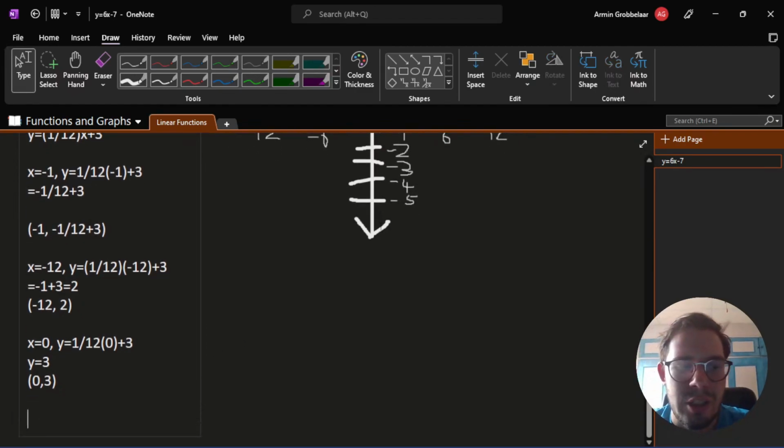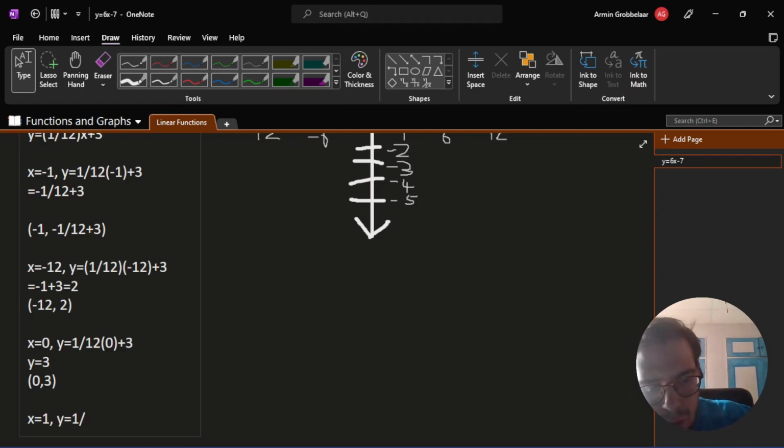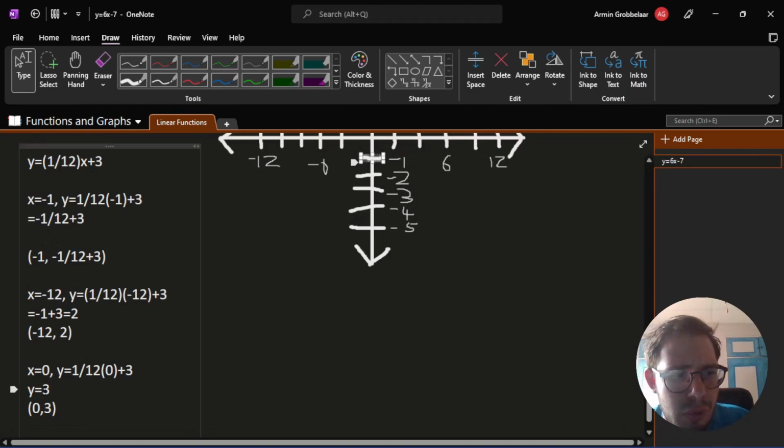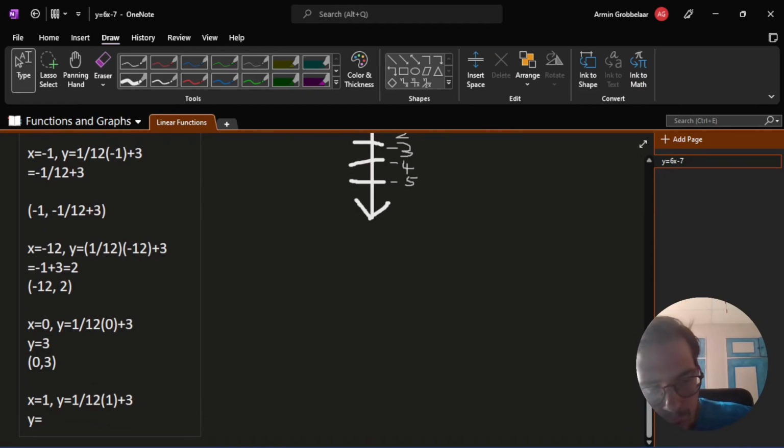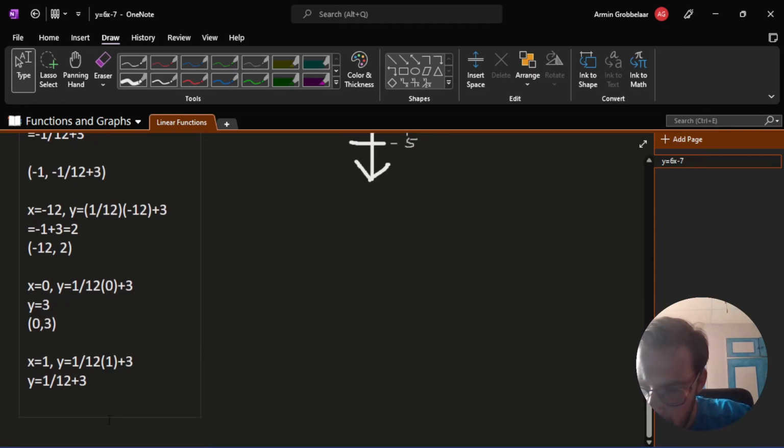we choose an x greater than 0. So again, you can take x equal to 1, or 2, or 3, doesn't matter. But then y would be equal to 1/12 multiplied by 1 plus 3. So then y would be equal to 1/12 plus 3, and our point would be 1, 1/12 plus 3.